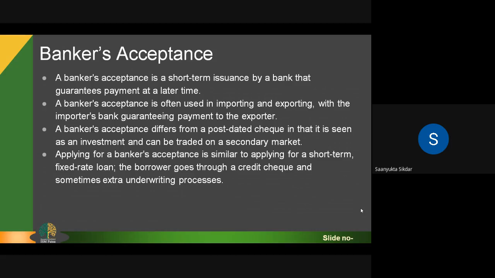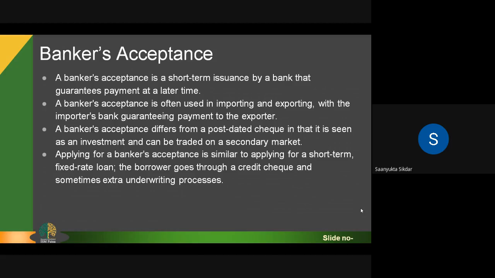Applying for a banker's acceptance is similar to applying for a short-term fixed rate loan. The bank is paying on behalf of the importer, and later on the importer will pay back that money along with the interest.